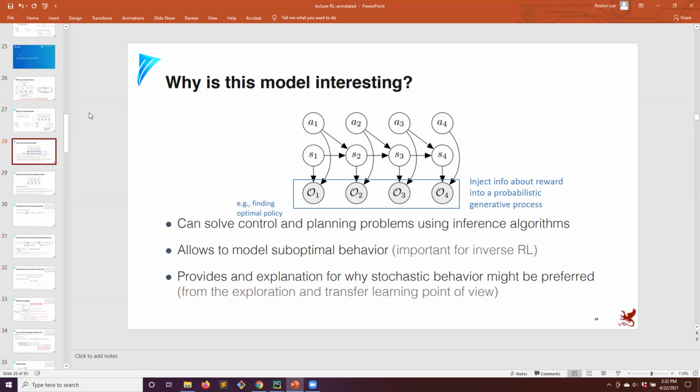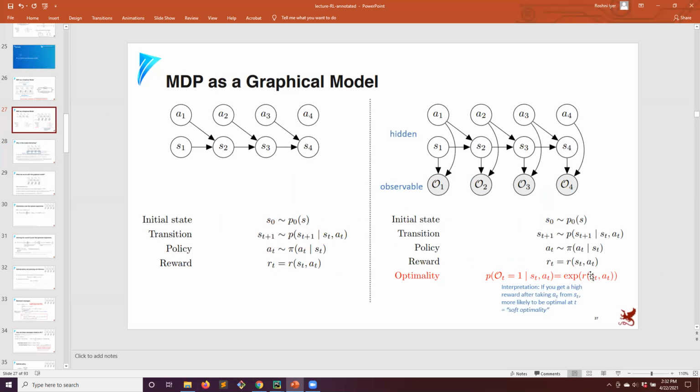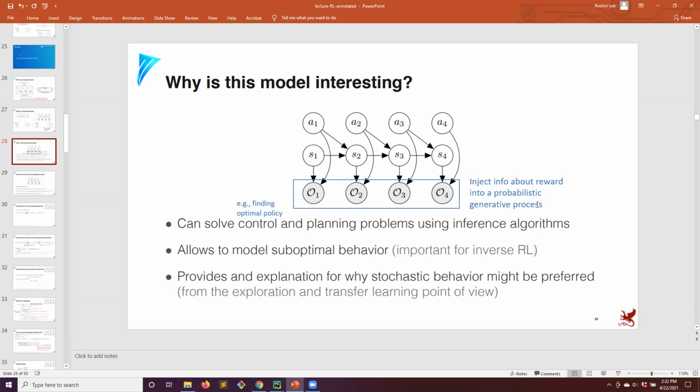Okay, so why is this model useful? These optimality variables are important because, by how they are defined here, they inject information about the reward into the probabilistic generative process.